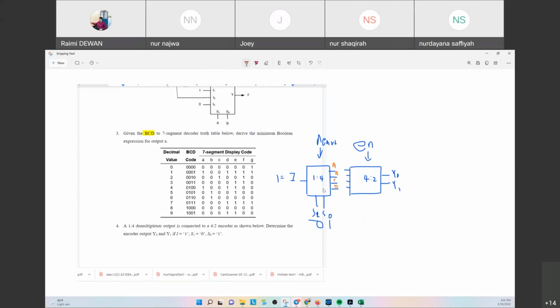So imagine this is a demultiplexer and the selector is 0, 1 and the input is 1. Can you guys tell me what is ABCD? What is the value of ABCD? Can you tell me in the web chat? Given that the input is 1 and the selector is 0, 1.